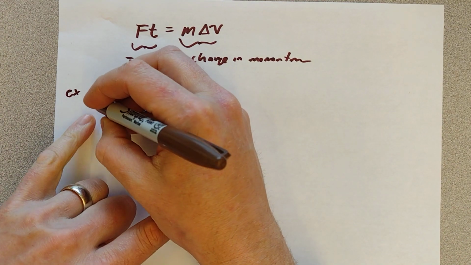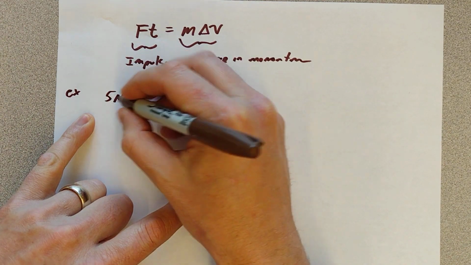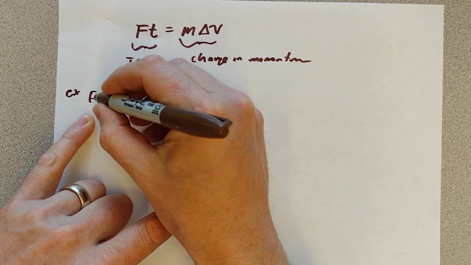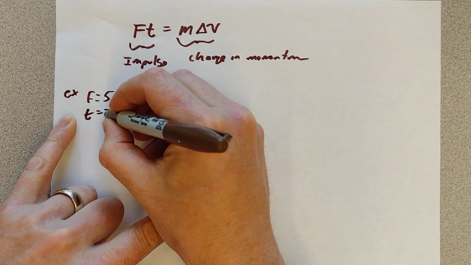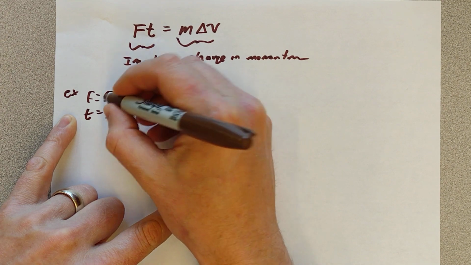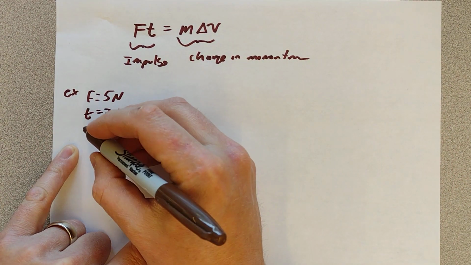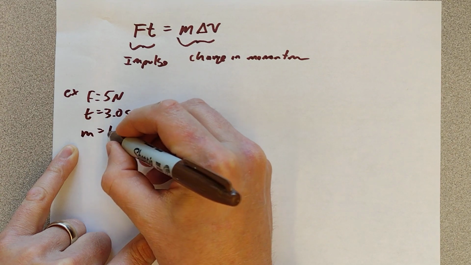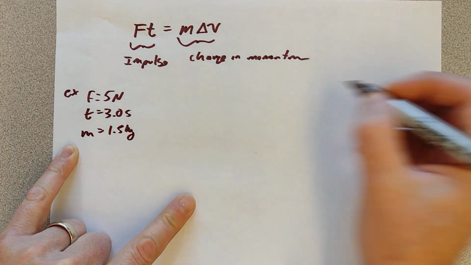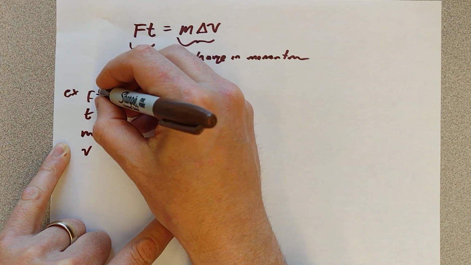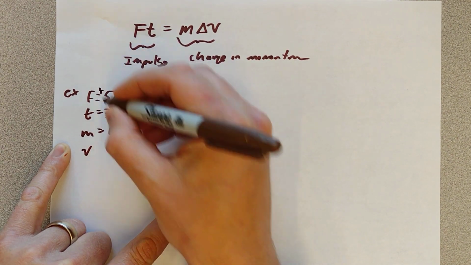Let's say we have a 5 Newton force acting for 3.0 seconds on a, I don't know, 1.5 kilogram object. And let's say the initial velocity, let's make this force positive, 5 newtons.